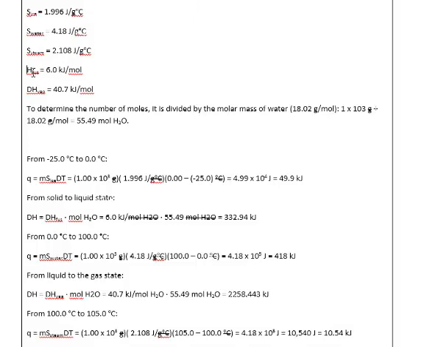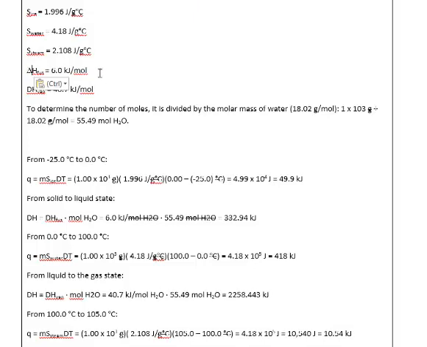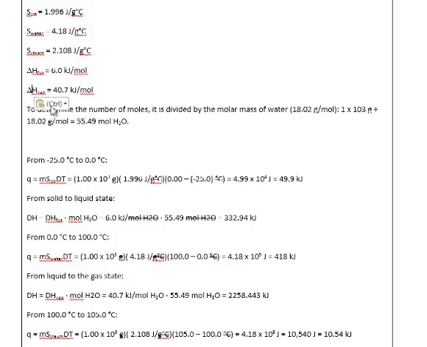Delta H of fusion is equal to 6.06 kilojoules per mole, and delta H of vaporization is equal to 40.7 kilojoules per mole. To determine the number of moles, it is divided by the molar mass of water, 18.02 grams per mole. So 1 times 10 to the third grams divided by 18.02 grams per mole equals 55.49 moles of water.